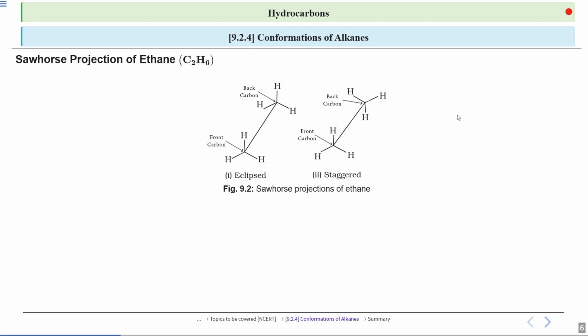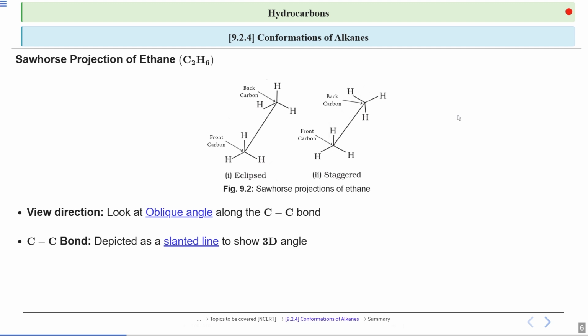The visual representation is essential for understanding how the atoms are arranged in space. Now, the view direction in a Sawhorse projection is from an oblique angle along the carbon-carbon bond. This perspective allows us to see the spatial arrangement between the atoms more clearly, which is important for predicting the molecule's behavior and reactions.